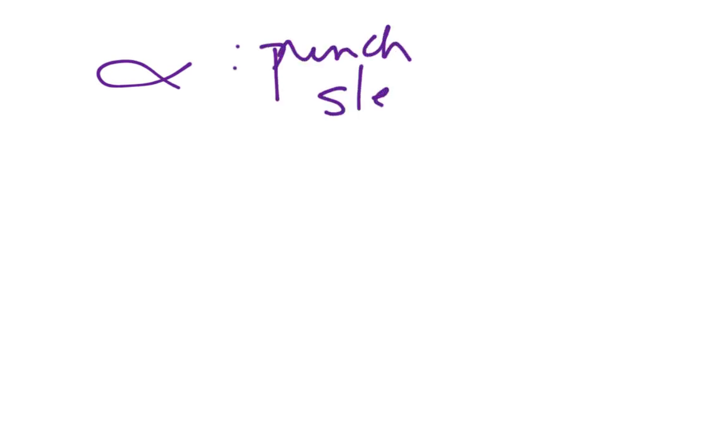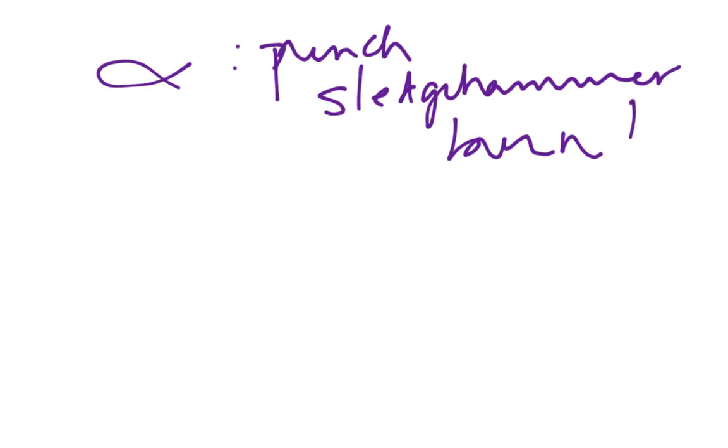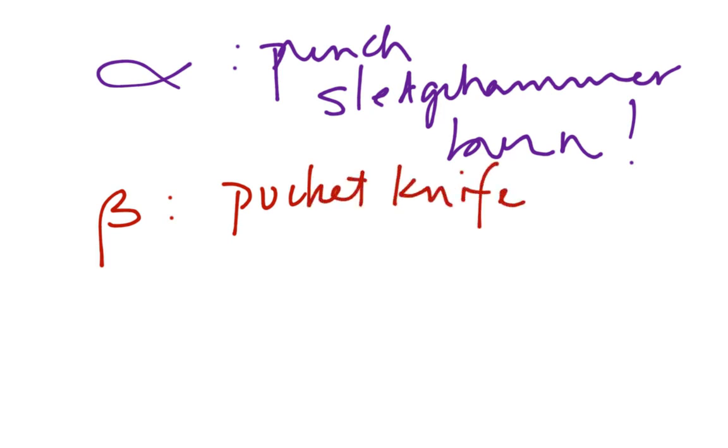Last, if we look at these, alpha radiation has lots of punching power. It's like your sledgehammer. It will not go deep into you, but it will burn you. Beta is your pocket knife. It will make you sick. It will get into your organs, but it won't go all the way through you.